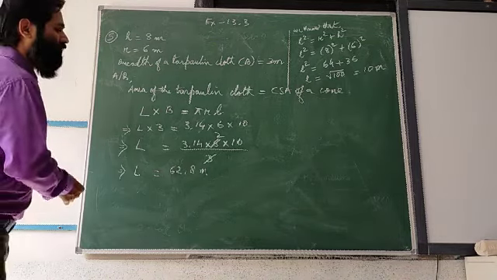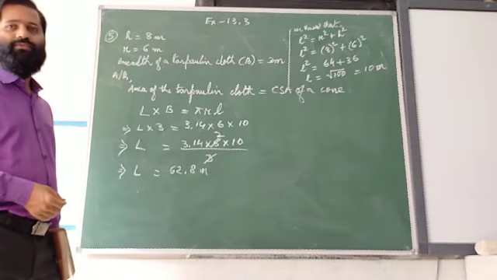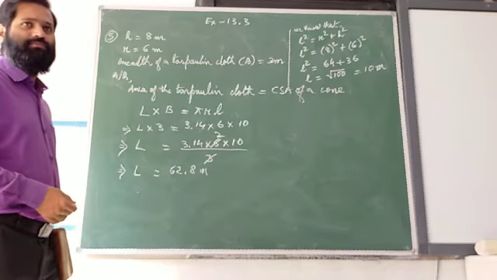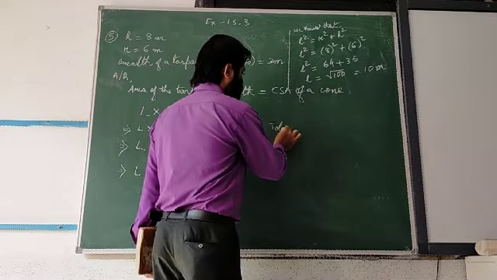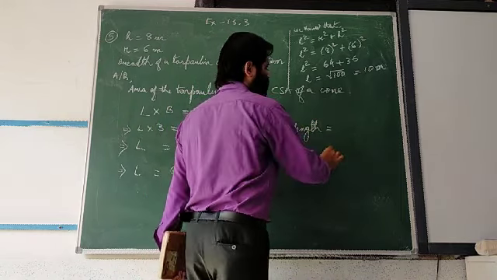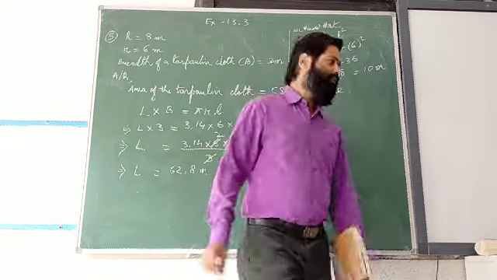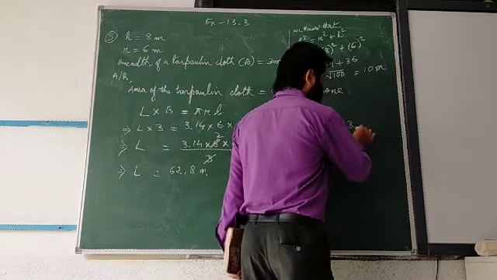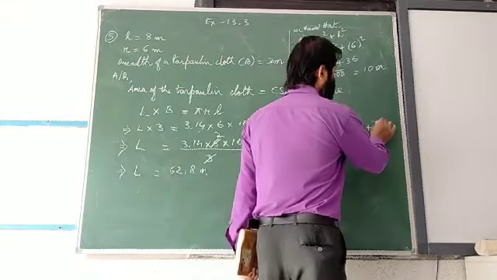Therefore, total length of the tarpaulin cloth equals 62.8 meter plus the stitching, margin and wastage of 20 centimeter.